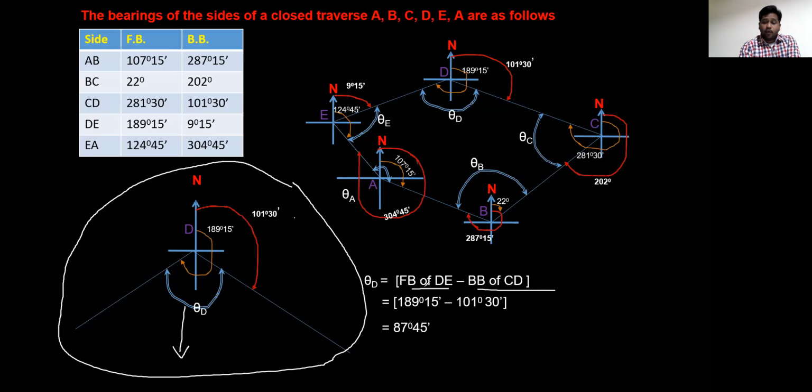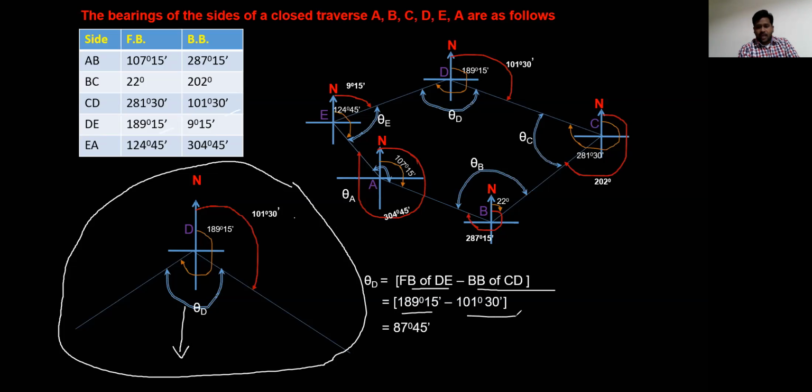So what is the value of the forebearing of DE? That is 189 degrees 15 minutes. That is the forebearing of DE. And the back bearing of CD is 101 degrees 30 minutes.